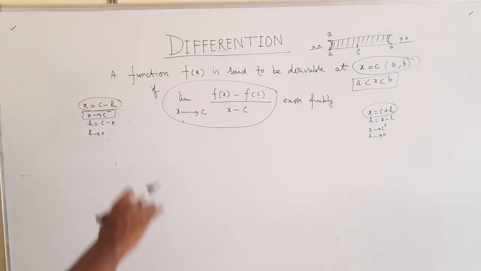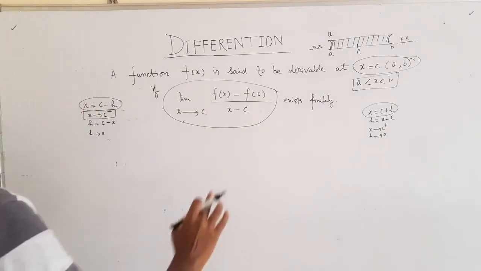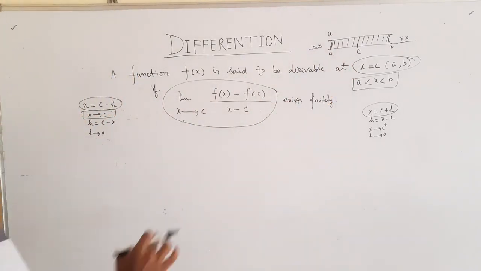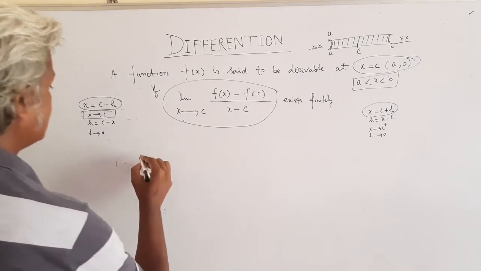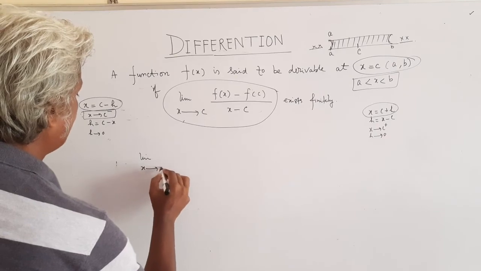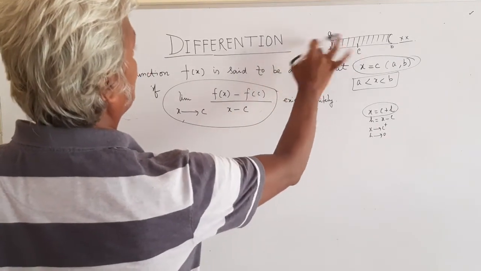Okay, so for the function f(x) to be differentiable in the open interval (a, b), we need to find the right hand differentiation for this a, and it goes like limit x tends to a plus, because you cannot take a minus because there is no value before this a.